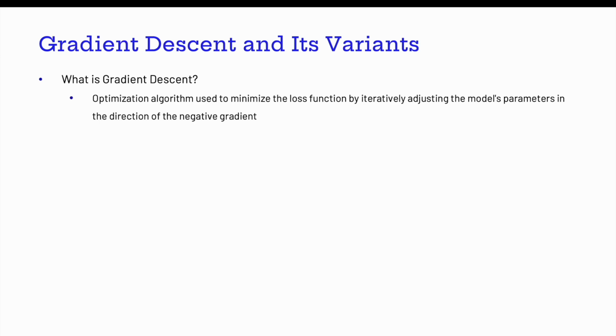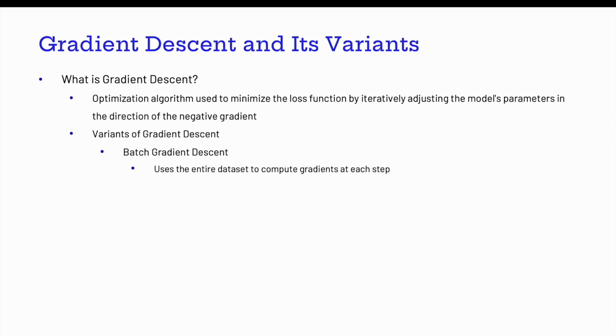Again, just to refresh, what is gradient descent? Gradient descent is an optimization algorithm used to minimize the loss function by iteratively adjusting the model's parameters in the direction of the negative gradient. The variants include batch gradient descent, which uses the entire dataset to compute gradients at each step.